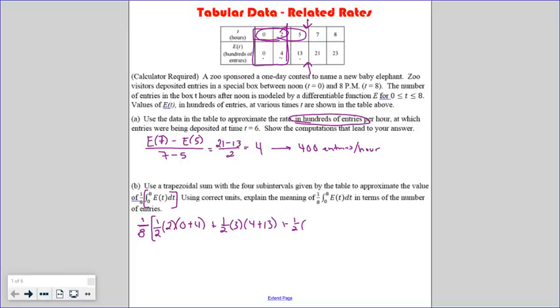Our next height would be between 5 and 7, so a height of 2, and our two bases would be 13 and 21. And our final trapezoid has a height of 1, and our bases are 21 and 23.